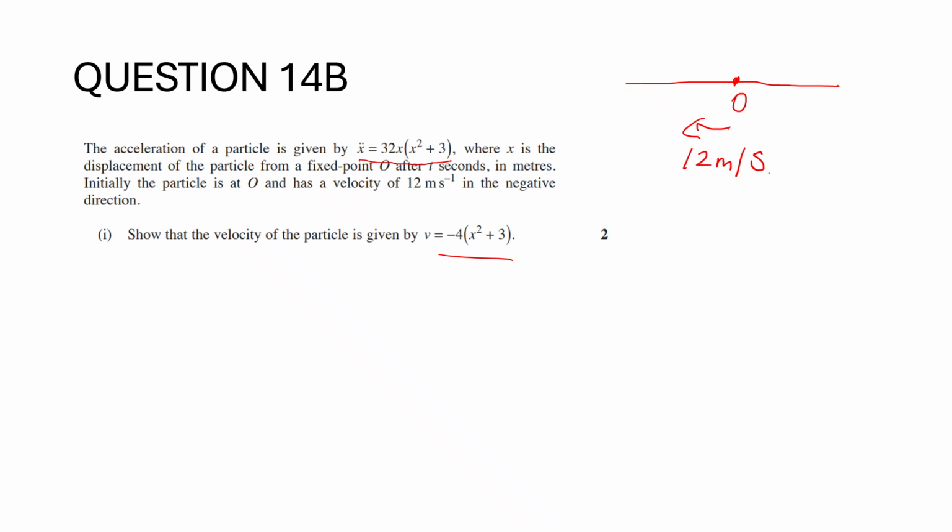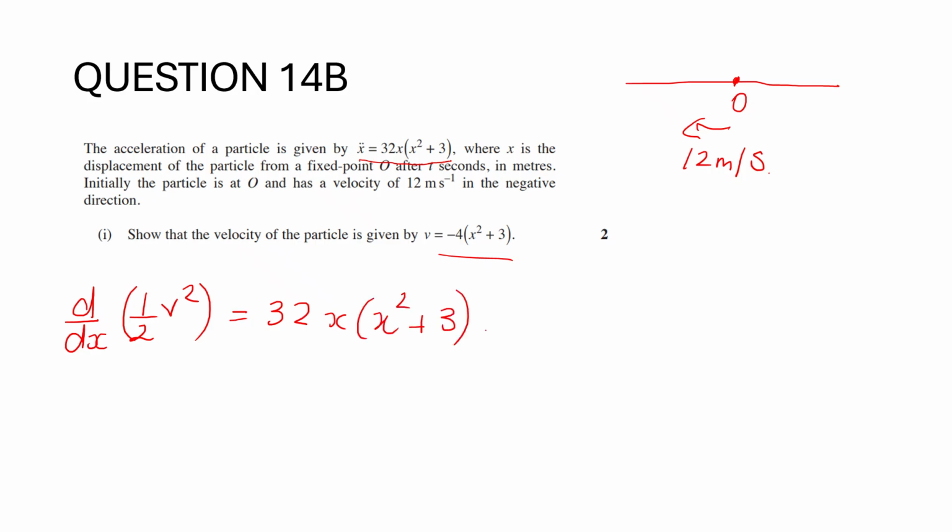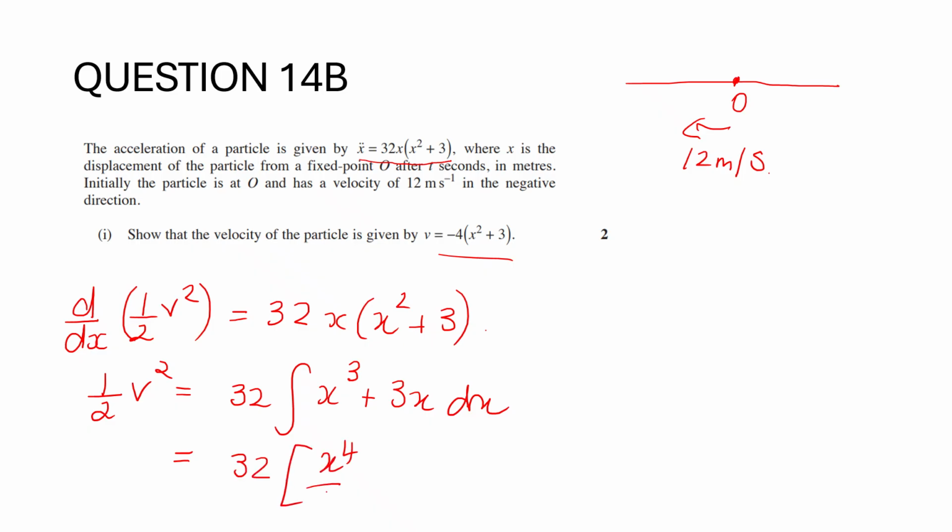All right, so we know one of the different versions of acceleration we can write is d/dx of a half v squared, and that is equal to 32 (x cubed plus 3x). Integrating both sides, a half v squared is equal to 32 times the integral of x cubed plus 3x dx, which is equal to 32 (x to the power of 4 on 4 plus 3x squared on 2) plus c.